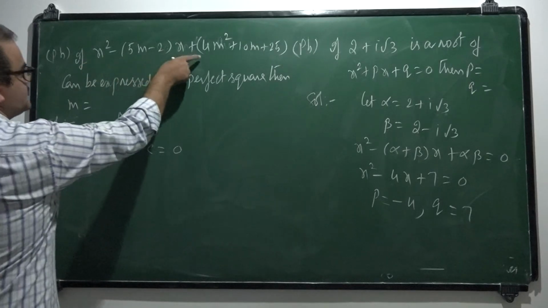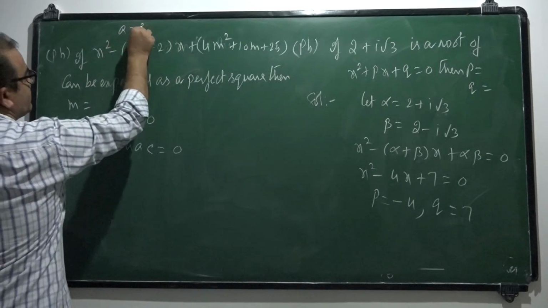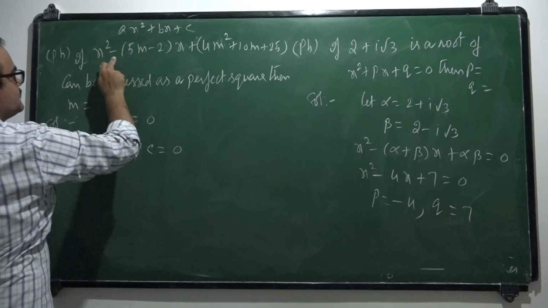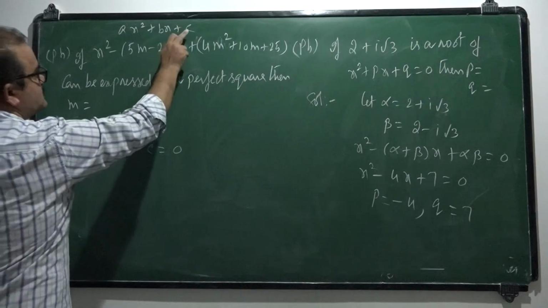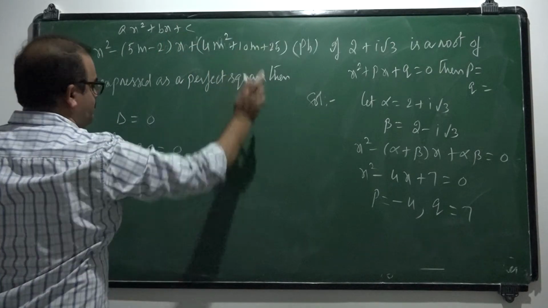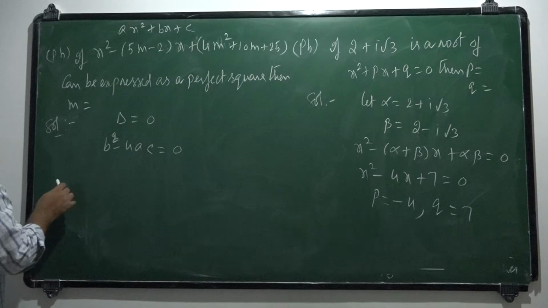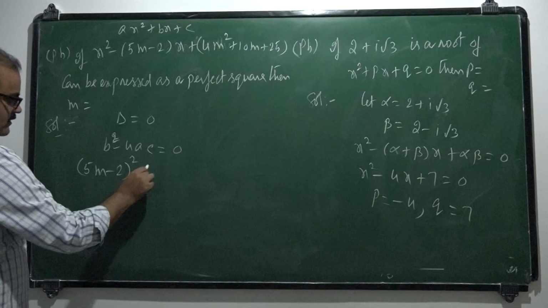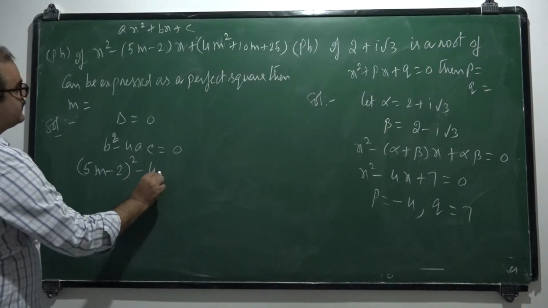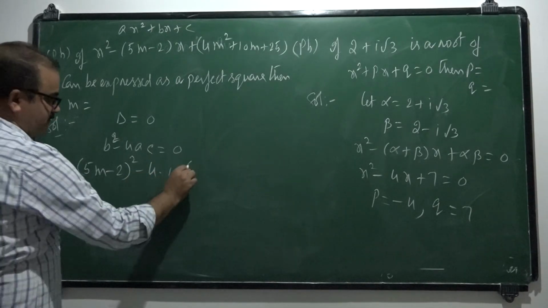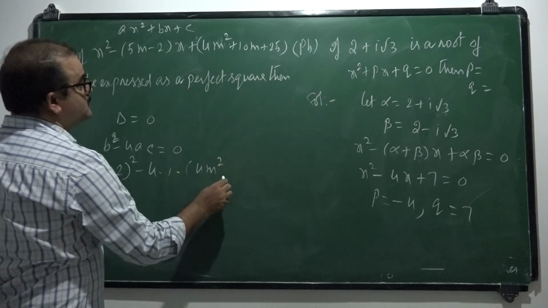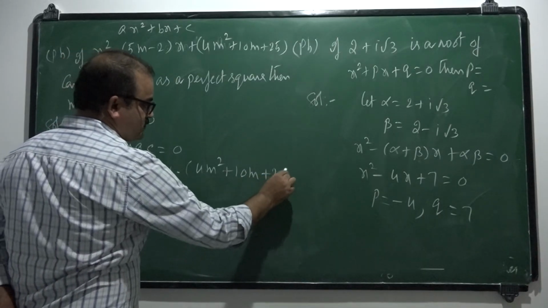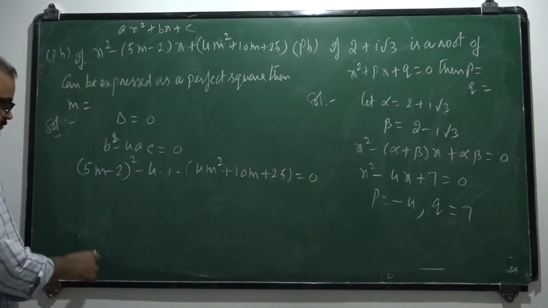You compare this expression with ax square plus bx plus c. a is 1, b is minus 5m minus 2, c is 4m square plus 10m plus 25. b square, 5m minus 2 whole square, minus 4 into a is 1 into c, is 4m square plus 10m plus 25 is equal to 0.